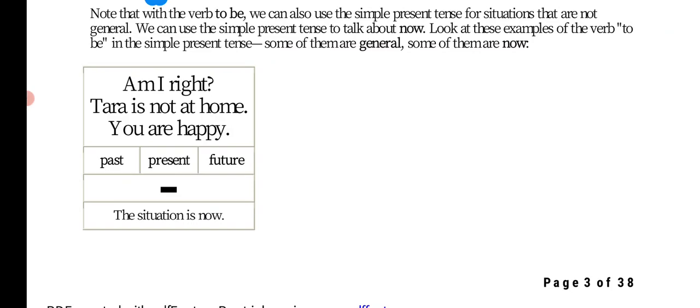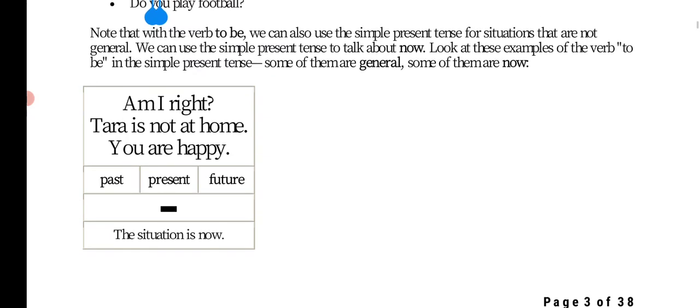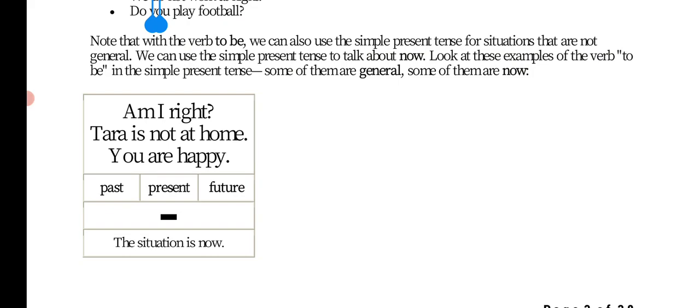So this is where we use simple present tense, right? And there are more times when we use it, like when you refer to something that is going to happen in the future, we can also use present tense to denote actions in the future.